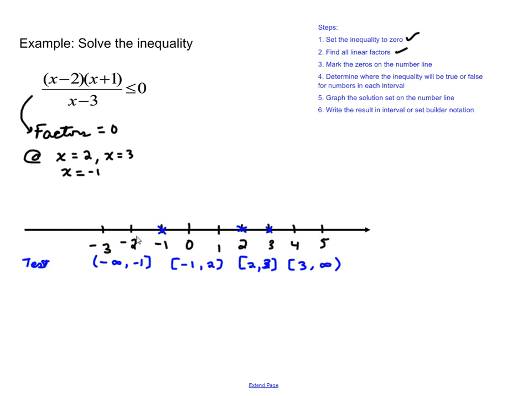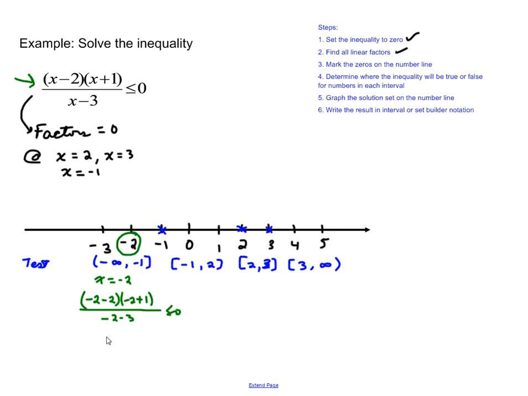In the first one, that's not too bad. We're going to choose -2 to test. At x equals -2, what happens? In our original inequality, we get -2 minus 2 times -2 plus 1 divided by -2 minus 3. And we want to find out, is that less than or equal to 0?